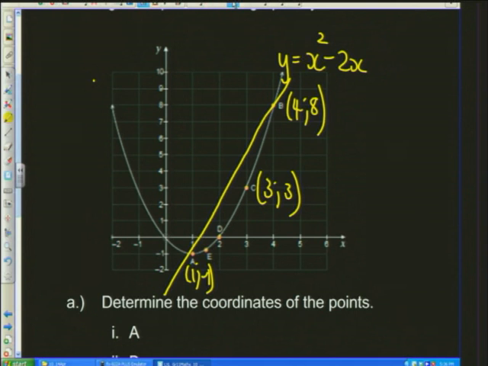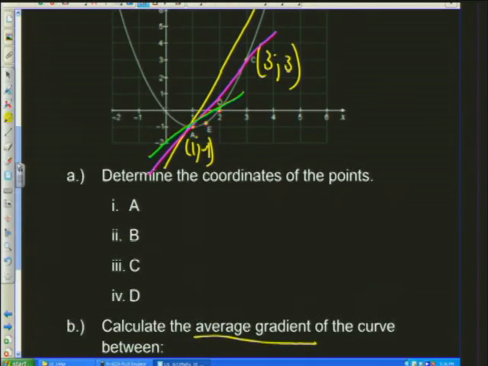Then I would like to work out this gradient over here. Then I would like to work out this gradient over there. And what is the difference between those gradients?